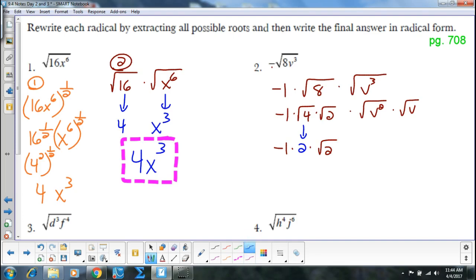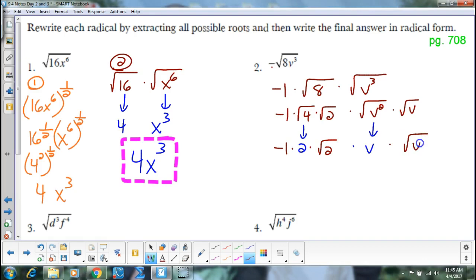What is the square root of v squared? It's just v, because it's v squared to the 1/2 power, which is v to the 2/2 power, which is v.